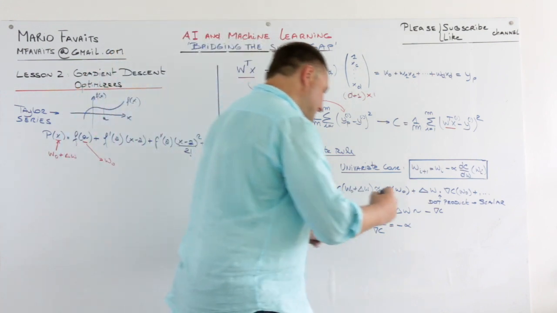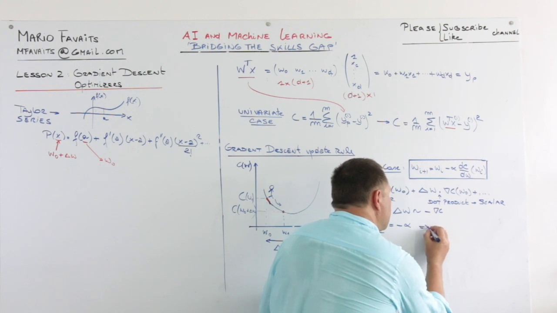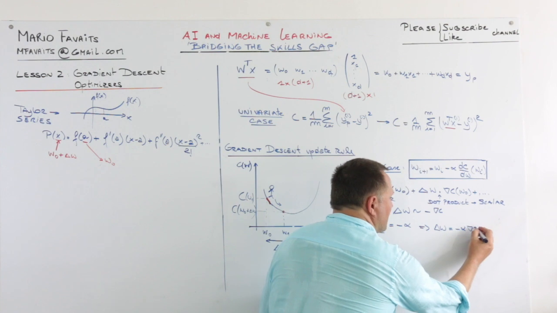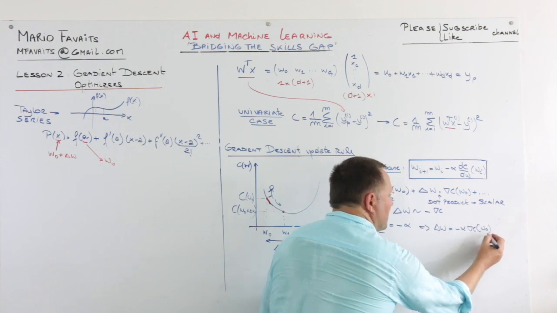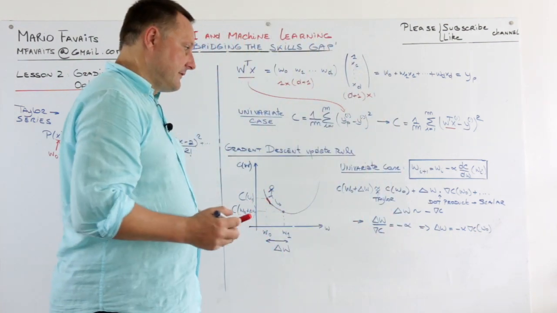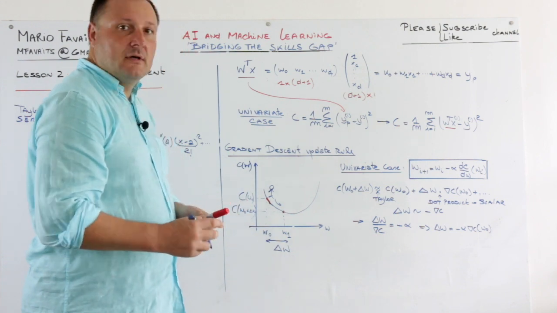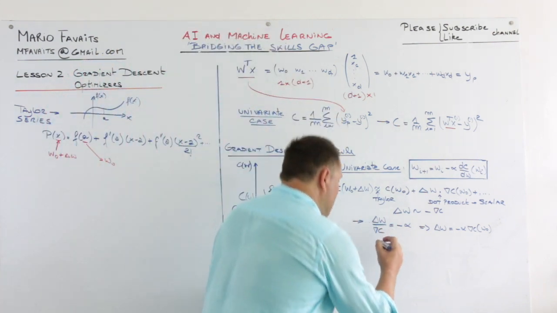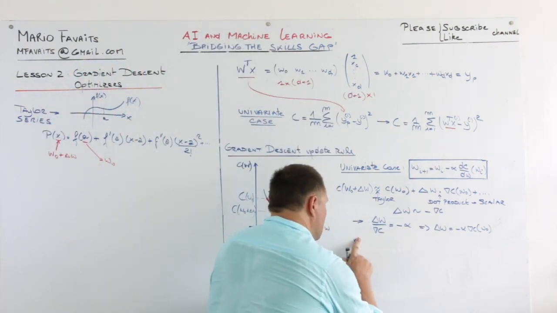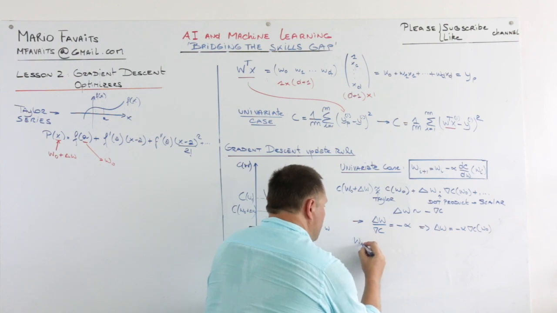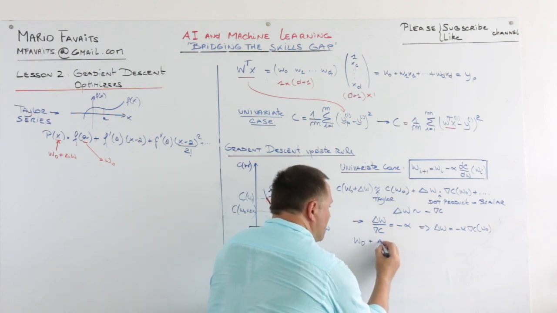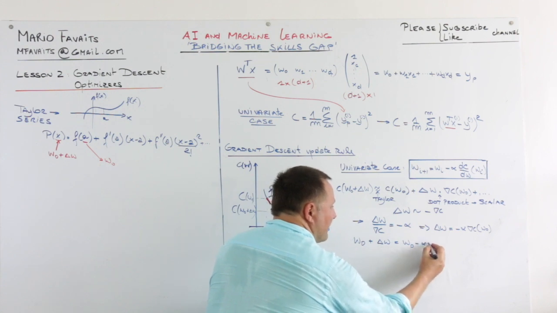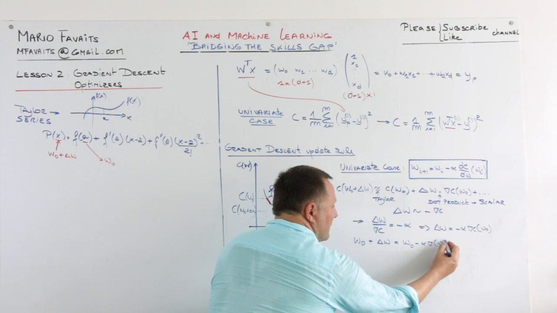So that means that delta W equals minus alpha gradient of C at the point W. Now what we're gonna do is add W0 on both sides. So we take W0 plus delta W equals W0 minus alpha gradient at W0.